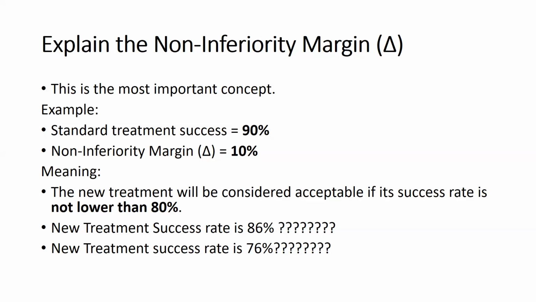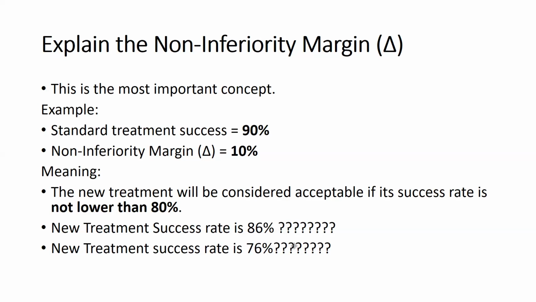So please tell me which is non-inferior, condition 1 or condition 2, and which is inferior. Condition 1 is 86%, condition 2 is 76%. The first one is not inferior, and the second one is inferior.